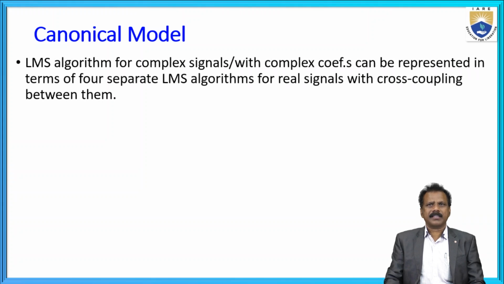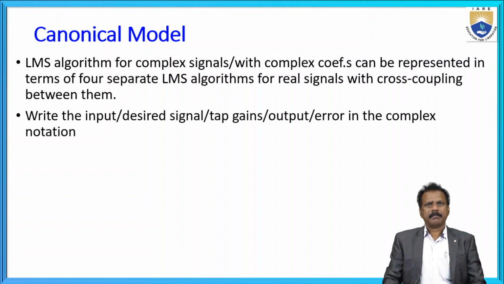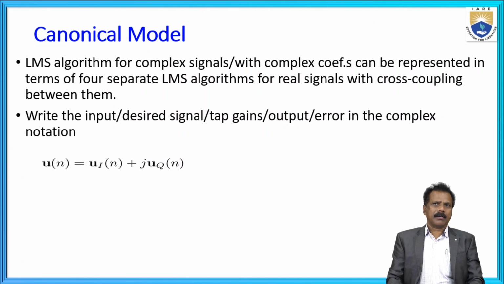The LMS algorithm for complex signals with complex coefficients can be represented in terms of four separate LMS algorithms for real signals with cross coupling between them. So we write the input, the desired signal, the tap gain and the output error in complex notation, using mathematical notation. If you are writing this in an implementation canonical model, the LMS algorithm using complex signals or complex coefficients can be represented in terms of four separate LMS algorithms for real time signals.